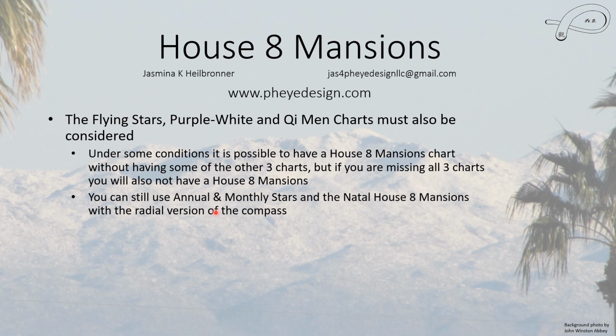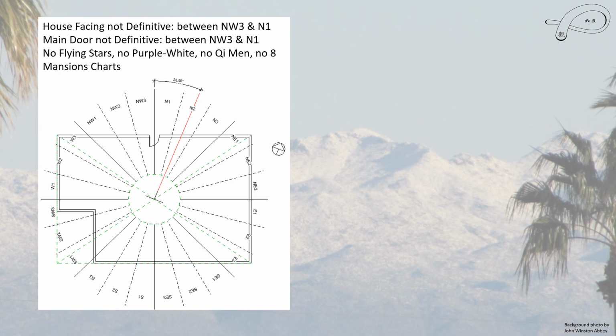You can still use the annual and monthly stars, and of course then what I just talked about, the natal house 8 mansions, best used in the radial version of your compass because your house is so strangely positioned. So here's an example. Let's say for some reason, now this says 22.5 degrees, your house faces right between northwest 3 and north 1.